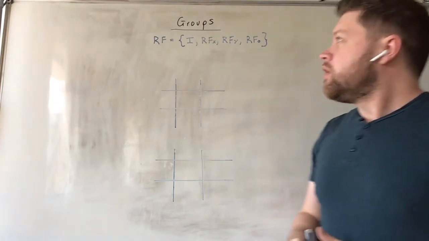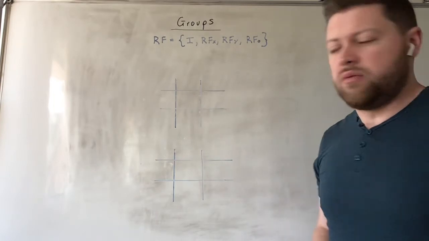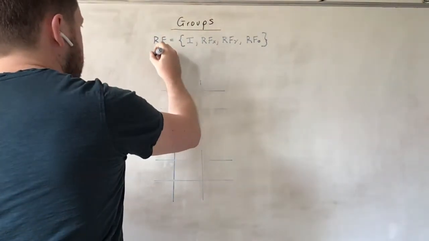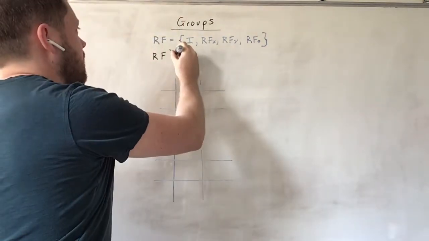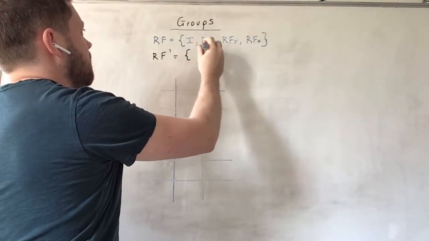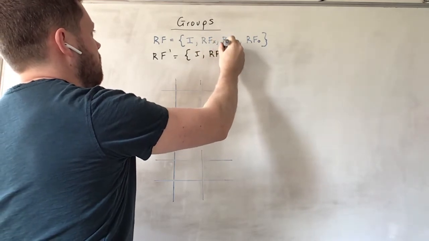Let's answer the question of what happens if I take a subset of this group. Let's call the subset RF dash, and let's take the elements I and RF0.